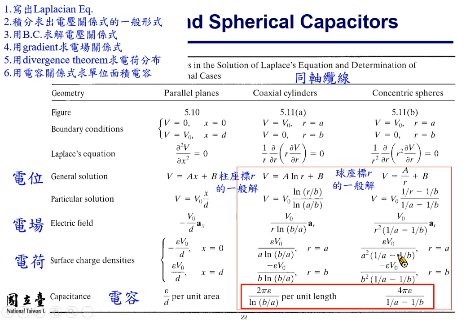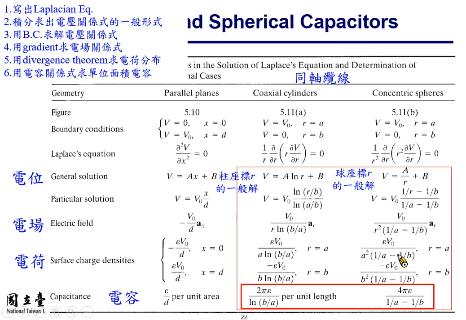And here is the concentric sphere. So again, the Laplacian equations are different in this case. So you end up with different general solution. The general solution for spherical coordinate system is A over R plus B. And again, you can solve it by substituting boundary condition.